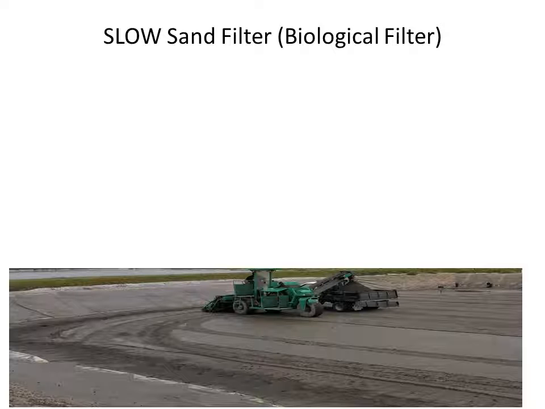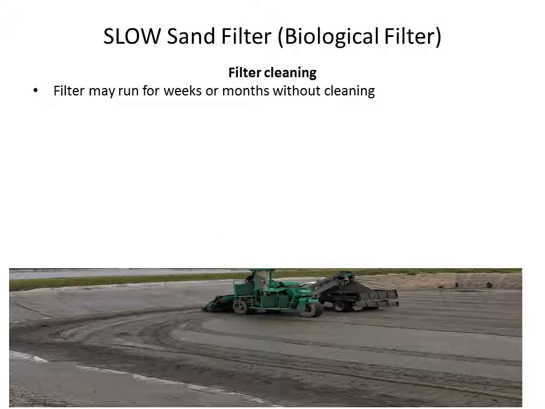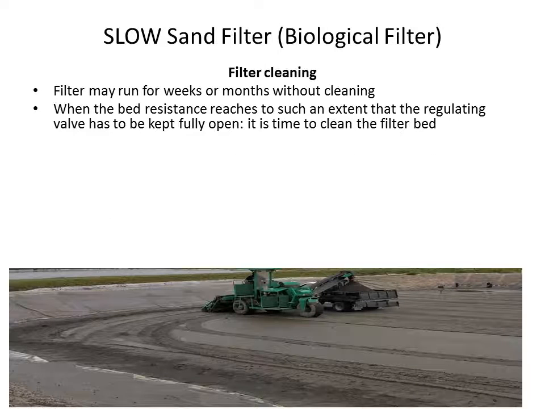Cleaning of the slow sand filter has to be done after the loss of head reaches 1.3 meters. Filter cleaning is done after the loss of head, which may occur after weeks or months without cleaning. When the bed resistance reaches an extent that the regulating valve has to be kept fully open all the time, this is the time to clean the filter bed.